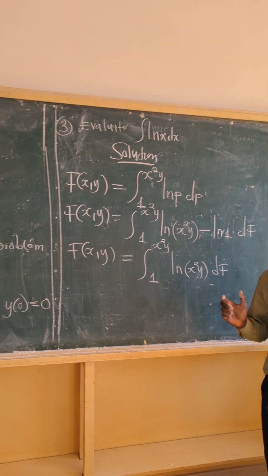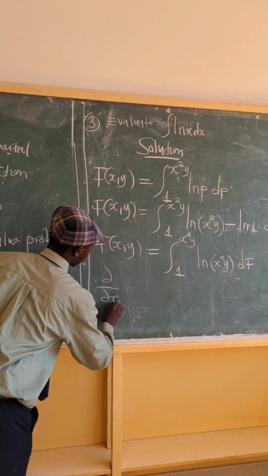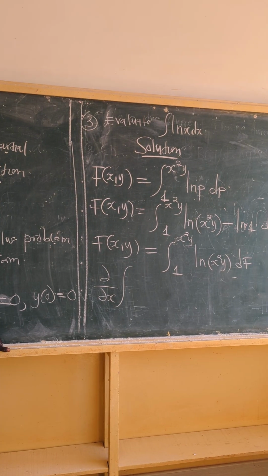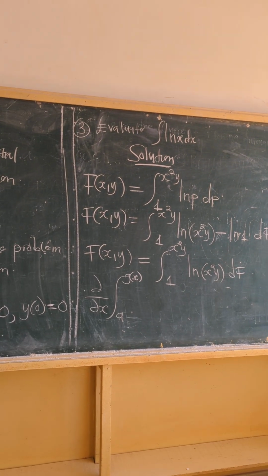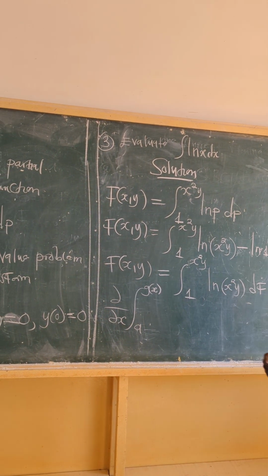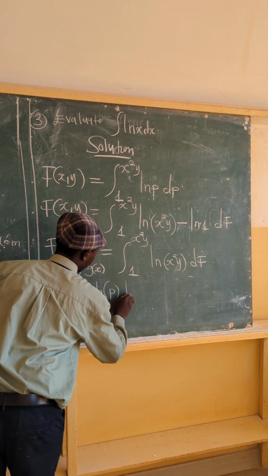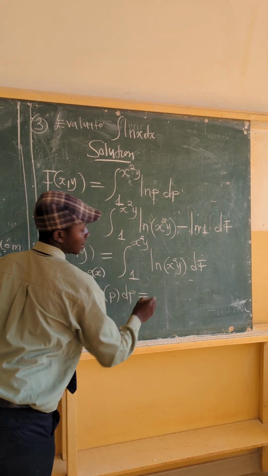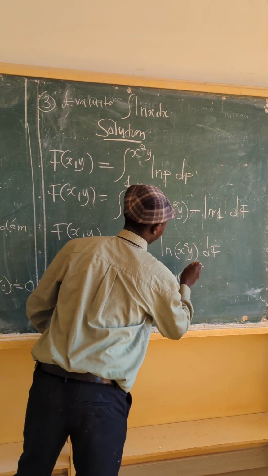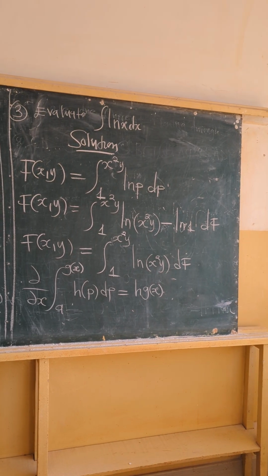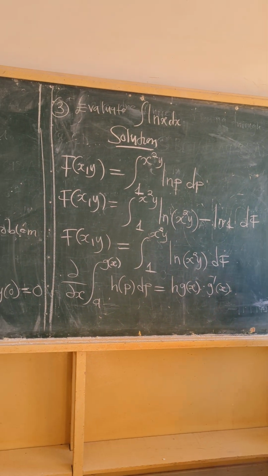Now we introduce something you need to understand: d/dx of the integral from a to g(x) of h(p) dp equals h(g(x)) times g'(x).